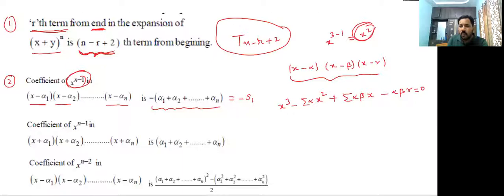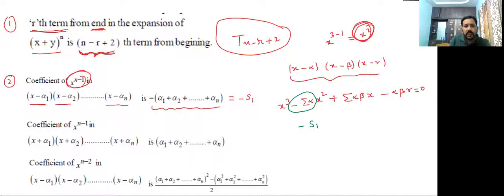Here, what is the coefficient of x², students? This part only, that is −Σα, the sum of the roots, S1. I think all of you have understood now.